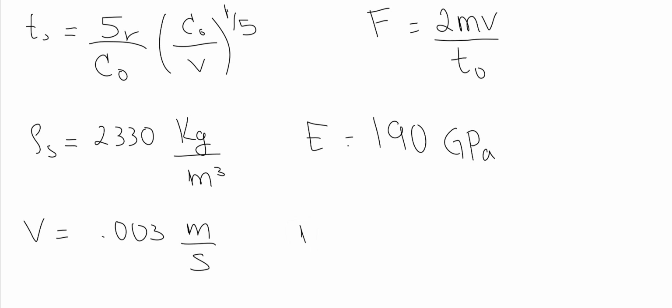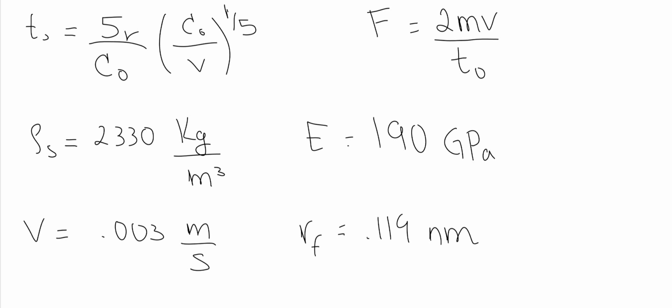We'll also need our radius of fluorine, and that is 0.119 nanometers, or times 10 to the negative 9 meters. And it looks like these are all the variables we need.